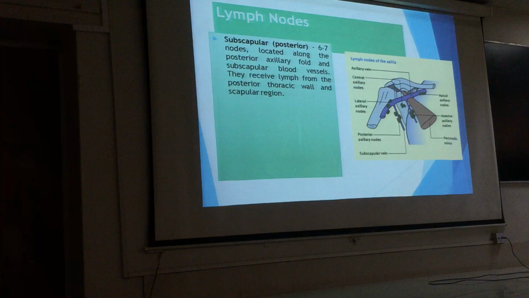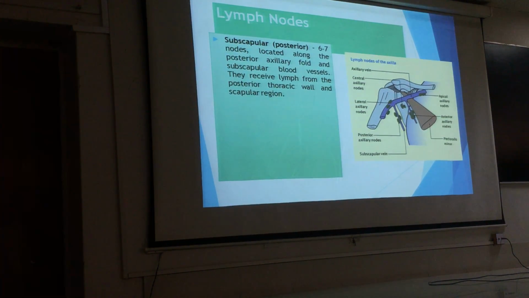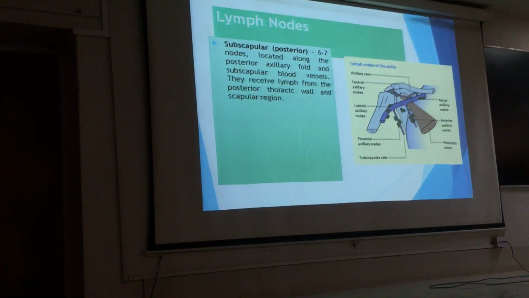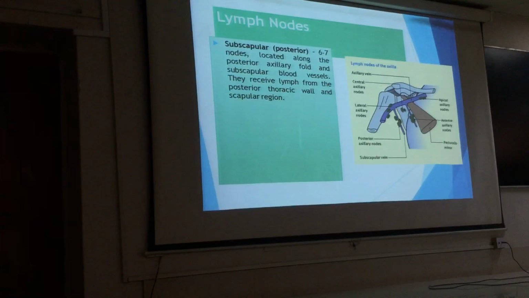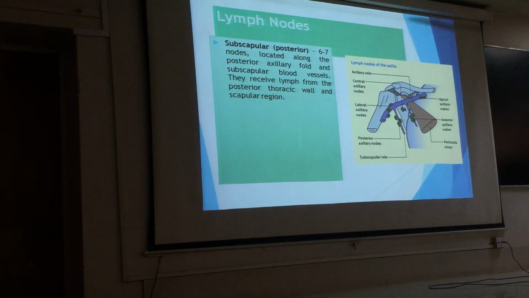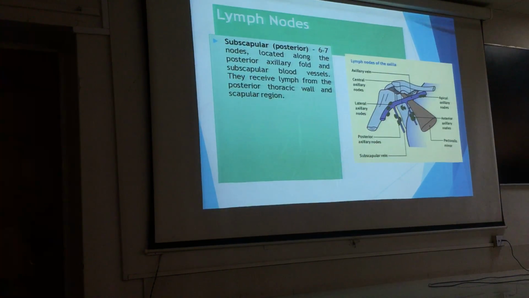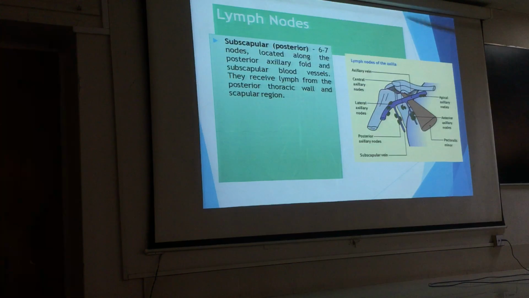Now this posterior group has more lymph nodes in comparison to the anterior group, and we say that it has almost 6 to 7 posterior lymph nodes, and they must be lying along the folds. If you remember, we did the anterior axillary fold and the posterior axillary fold. This posterior group lies on the posterior axillary fold.